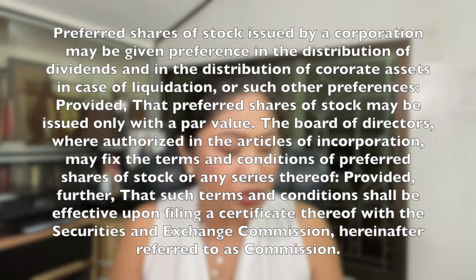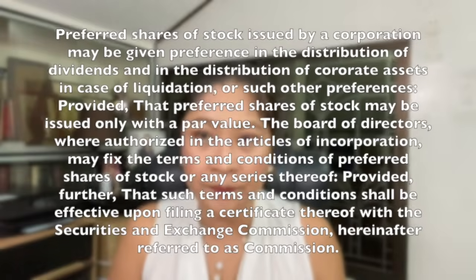The board of directors, where authorized in the articles of incorporation, may fix the terms and conditions of preferred shares of stock or any series thereof, provided further that such terms and conditions shall be effective upon filing of a certificate thereof with the Securities and Exchange Commission, hereinafter referred to as the Commission.